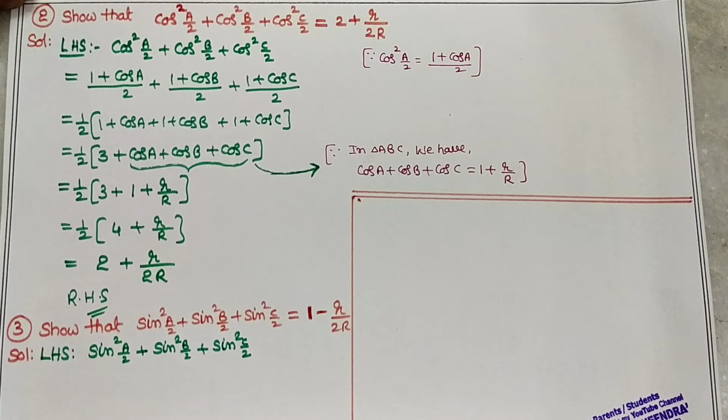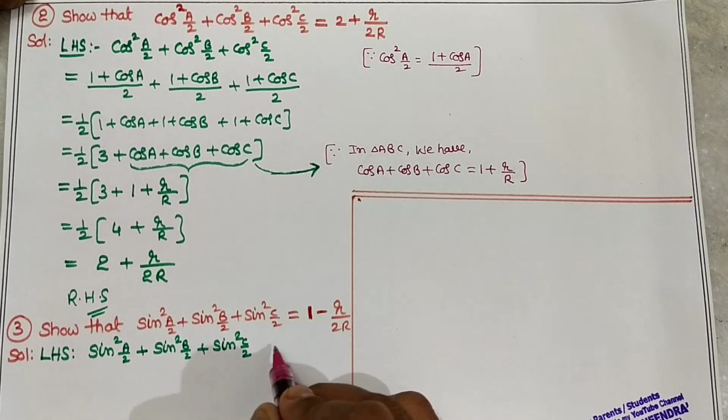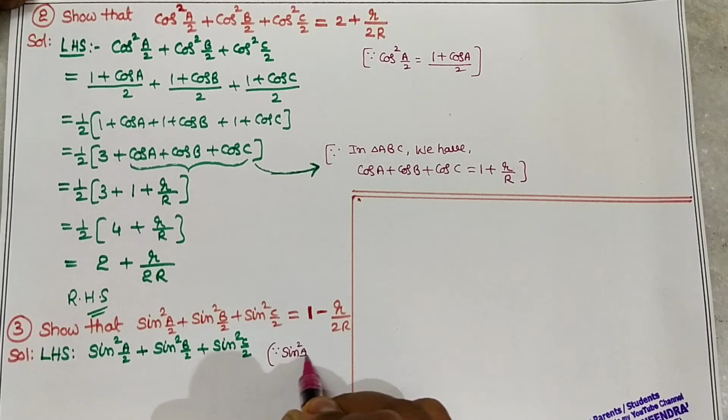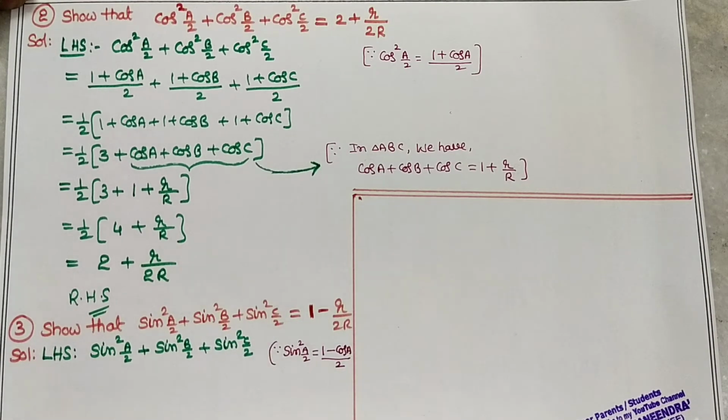After that, we have the formula sin square A by 2 equal to (1 minus cos A) divided by 2. Otherwise, sin square A by 2 in terms of cos you can write as 1 minus cos square A by 2, and so on.